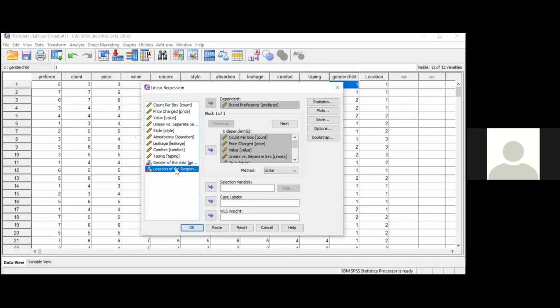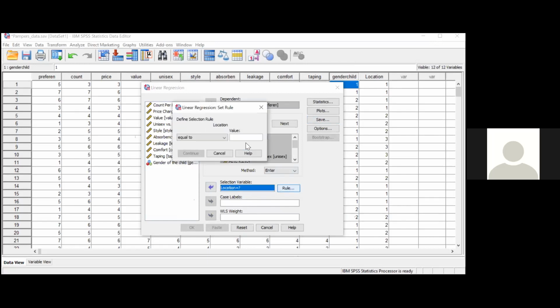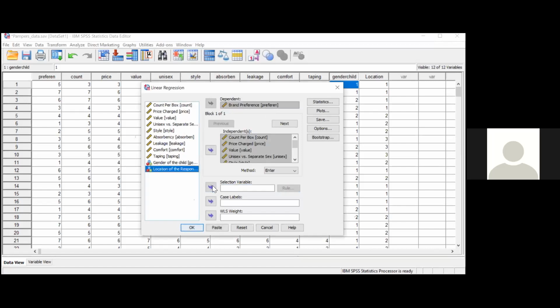So we want to use the data set from a particular location, that is metro only. In that scenario, we enter location as the selection variable and give the code of location. Suppose the code of the location is 1. So we will enter 1. Means in that scenario, this analysis will be run only for those cases which belong to a particular location.